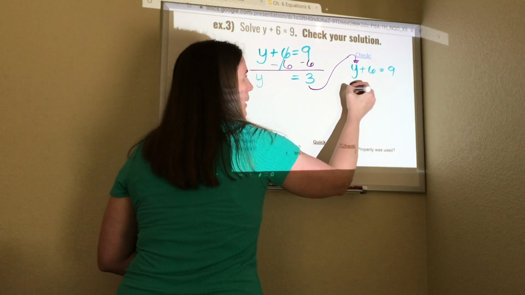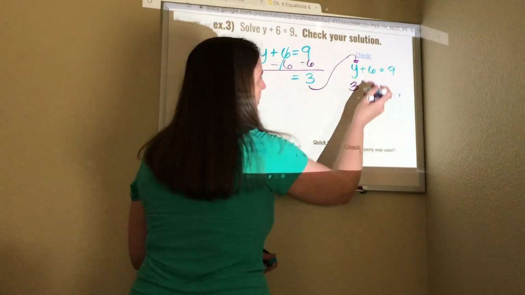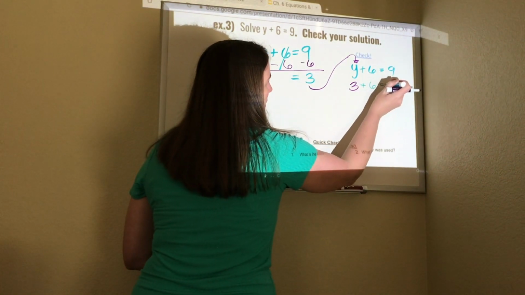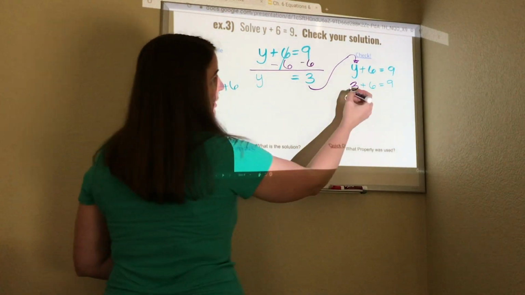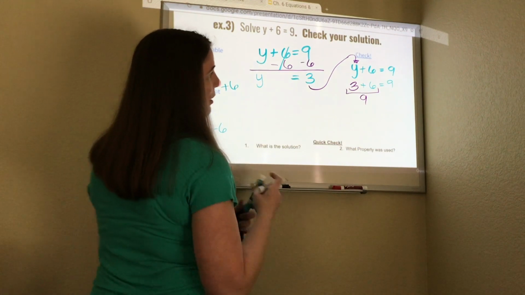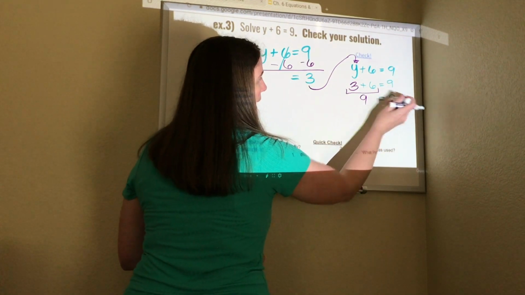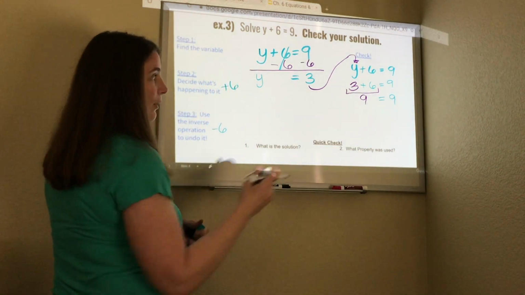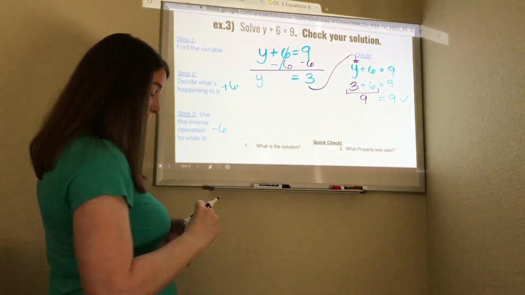So I'm going to put the 3, and then I'm going to rewrite everything else the same. Plus 6 equals 9. Go ahead and simplify. What is 3 plus 6? That's 9. And then I keep this the same, so that equals 9. So 9 equals 9, that is correct. So my check is right, they were equal.